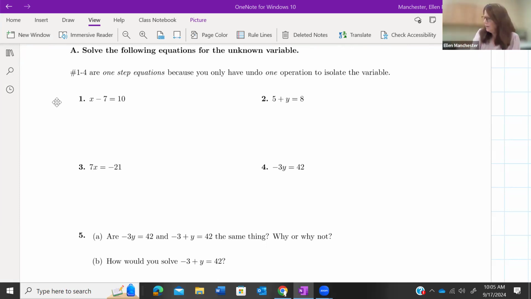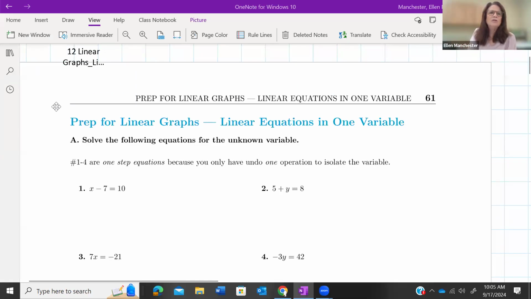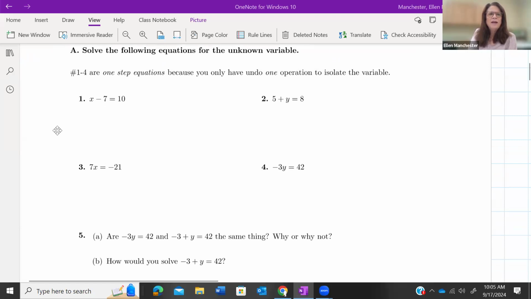So this is page, what page is this? This is page 61 in your packet. So go ahead and just pick any two, pick either one or two, and then pick 3 or 4. So one with adding and subtracting and one with multiplying and dividing. So just do 2 of those 4, one of each. Either do 1 or 2, and then do either 3 or 4.